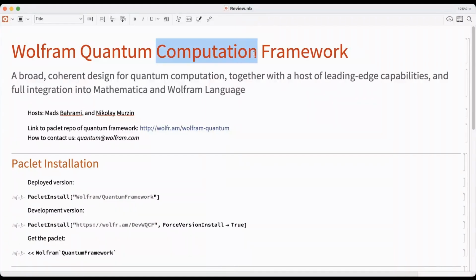Remember, for Wolfram as a company, especially because of our CEO, Stephen Wolfram, for any name that you see related to our company, there are lots of discussions about why that particular name and why not, for example, quantum computing. So let me be very clear from the very beginning.